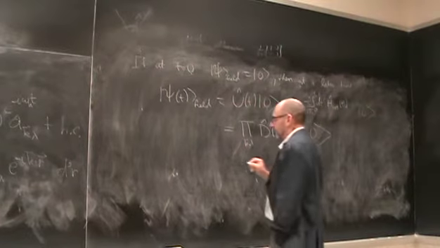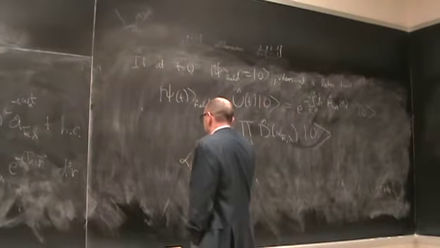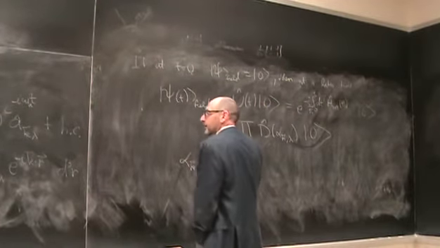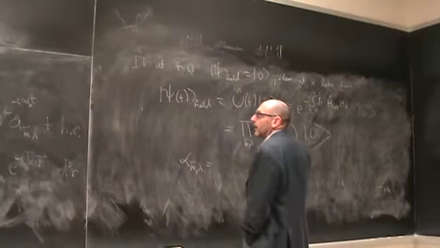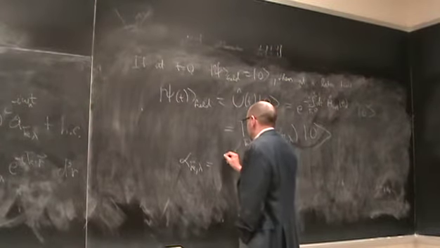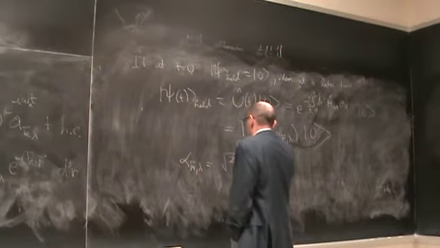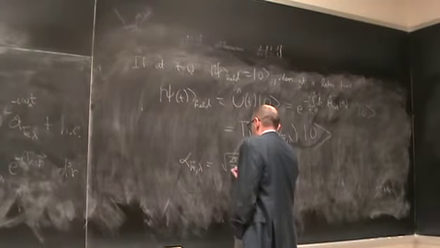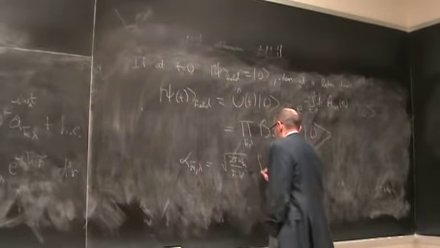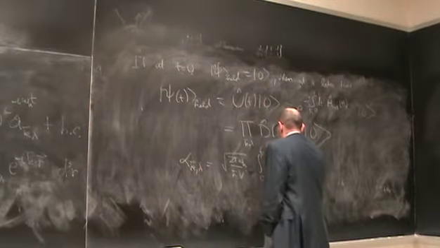where it's a little exercise to show that alpha sub k is equal to the square root of 2 pi omega k over h bar, the integral of this.